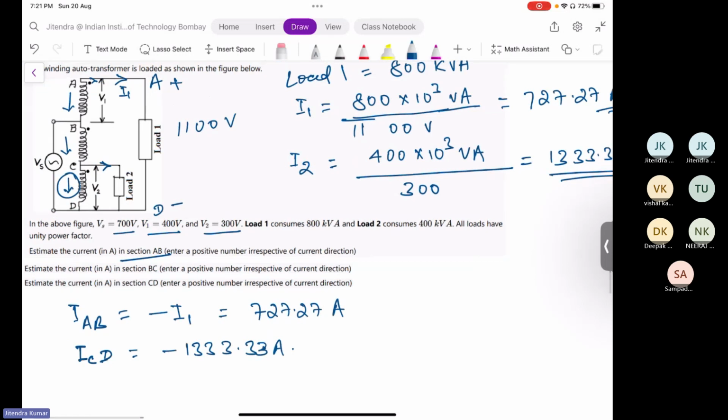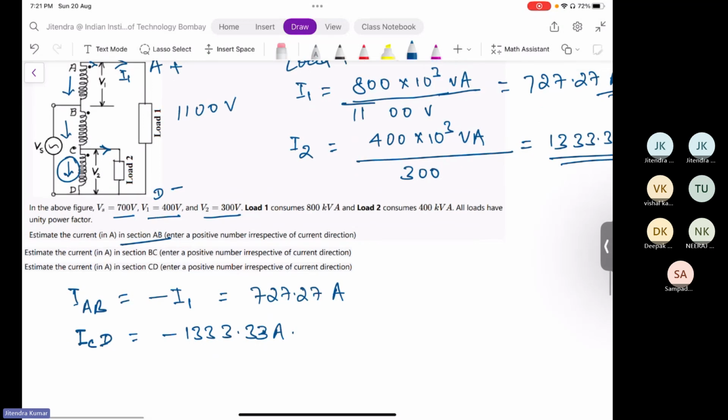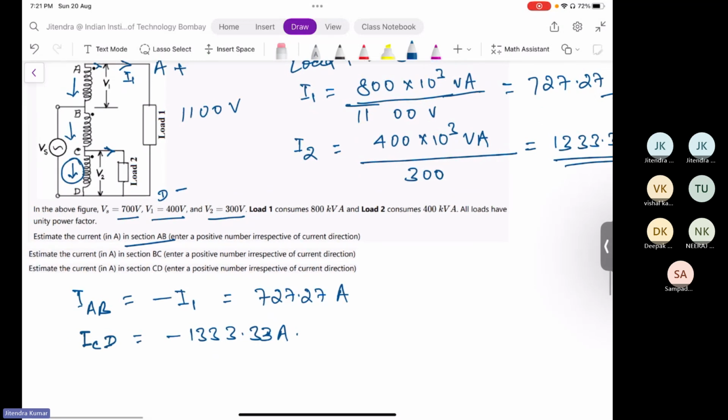Now we have to compute the current flowing in BC. The BC winding will have some current and some voltage, both unknown to us, so we will do the power balance or MMF balance. We can take V1 into IAB plus VBC into IBC plus VCD into ICD.